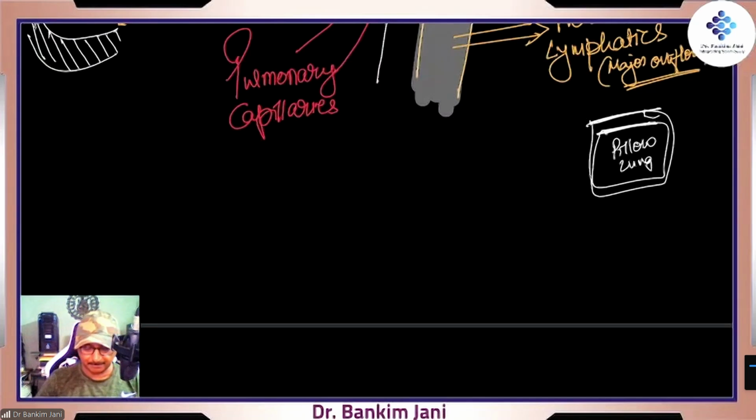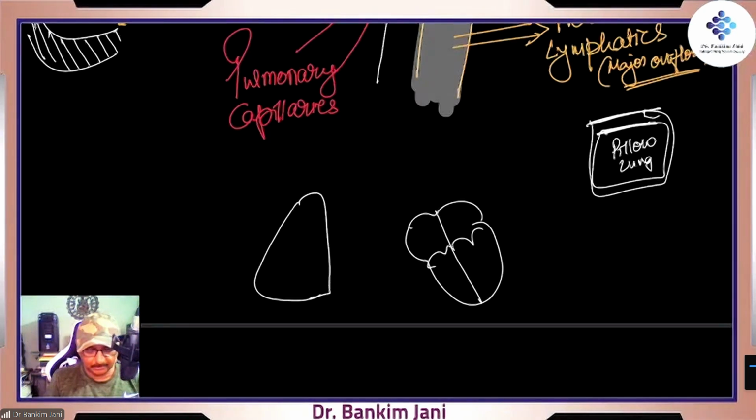See what happens. Here is the heart, and we are drawing the lung over here. Blood goes, this is the right ventricle. The right ventricle takes the deoxygenated blood with carbon dioxide to the lung.